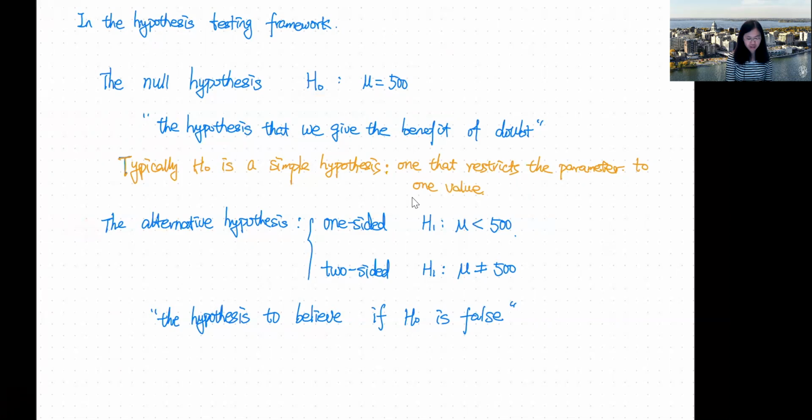The alternative hypothesis is the hypothesis that we want to believe when the null hypothesis is proven to be false. So when H naught is false, what do we want to believe? That would be our alternative hypothesis.